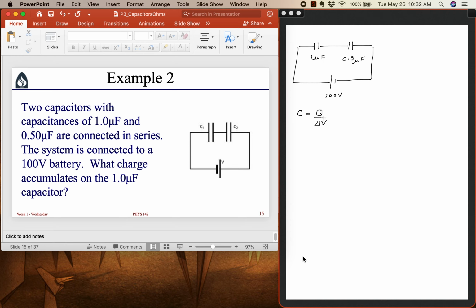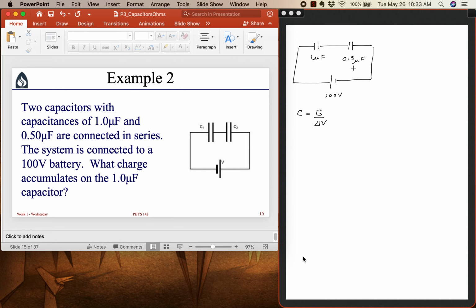So for an individual capacitor, I have the capacitance, but I don't know how the voltage is being divvied up between the two capacitors yet, and so it's hard for me to find the charge yet. So what I need to do is to find an equivalent, simpler circuit where there's just one capacitor, because that will allow me to find the charge on that single capacitor, which would be equivalent to these two.